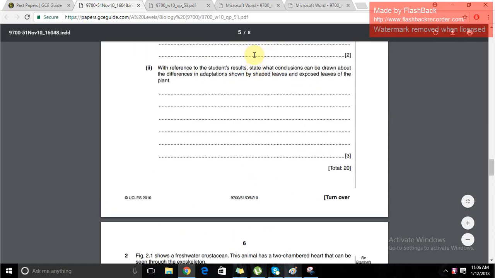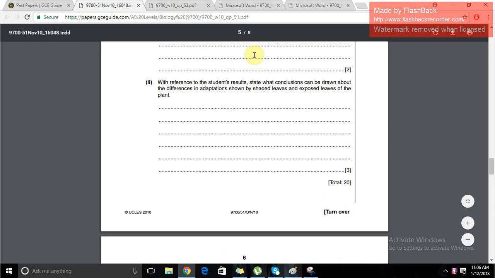So with reference to the student's results, state what conclusion can be drawn about the differences in adaptations shown by the shaded leaves and the exposed leaves. And this is a bit of a complicated question.